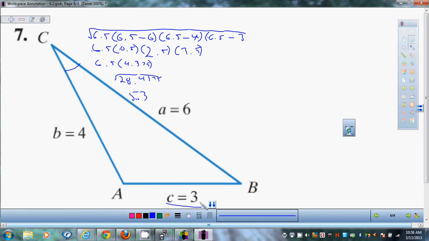Oh, you did 3 squared equals 4 squared plus 3 squared? You used the 3 twice? I think you meant to use the 6 the second time. Yeah, that's probably it. So Nate, you got 32. B is 32.